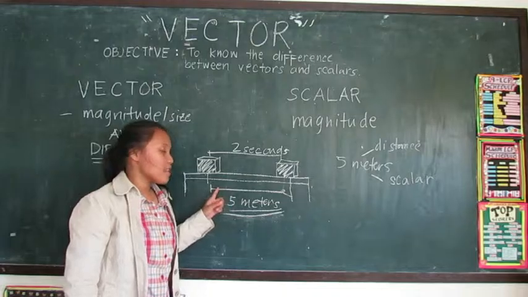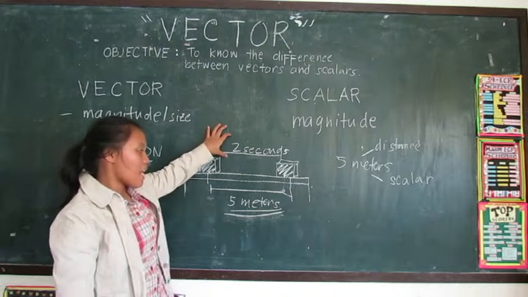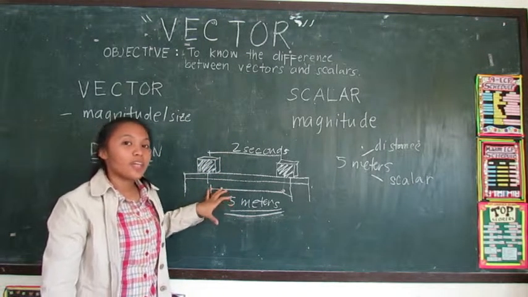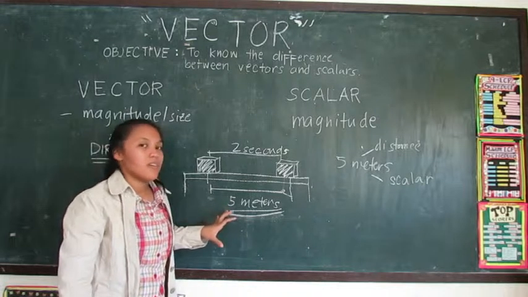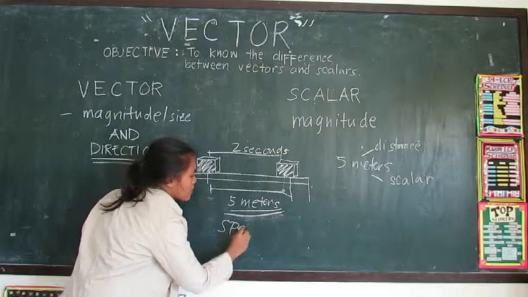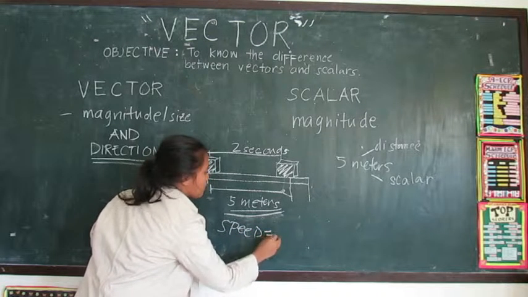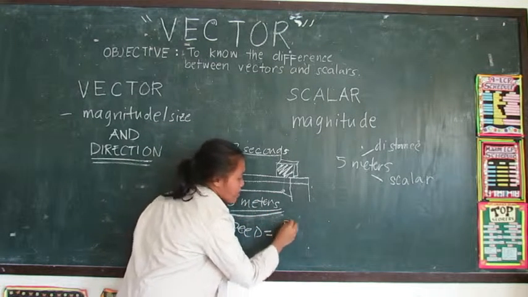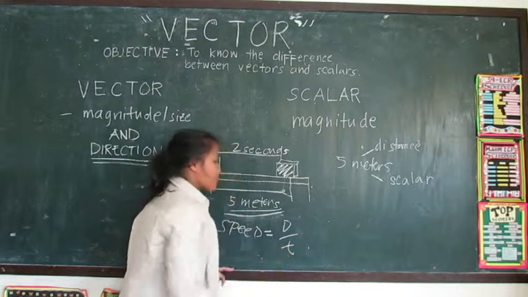We all know that with the time and distance, we can find the speed. The formula of speed is distance over time.